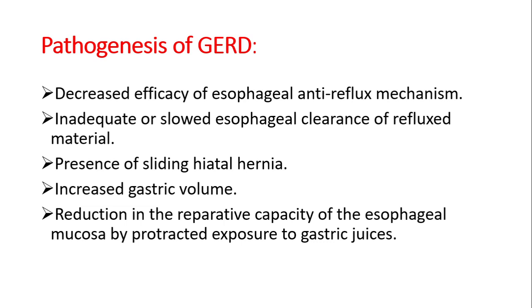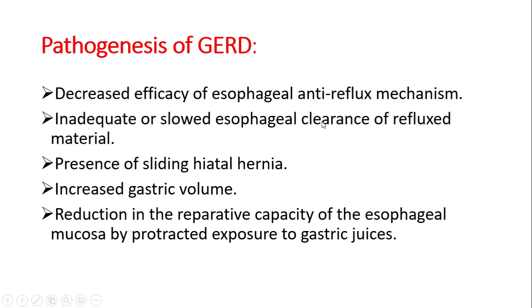There will be decreased efficacy of the esophageal anti-reflux mechanism, loosening or incomplete closure of the lower esophageal sphincter, resulting in a diminished anti-reflux mechanism, and inadequate or slow esophageal clearance of the reflux material.